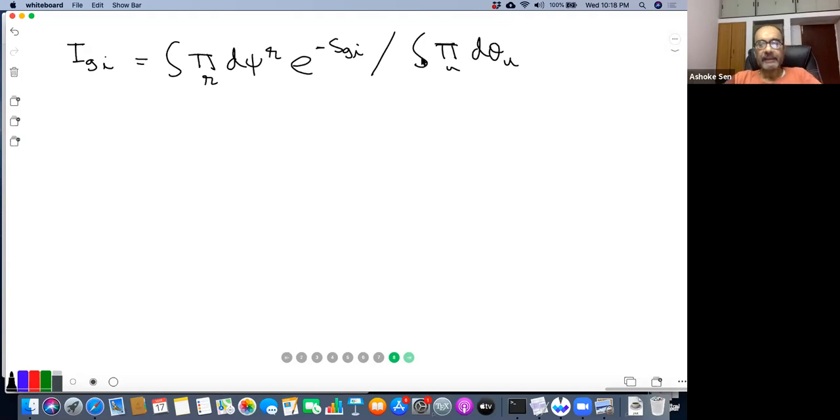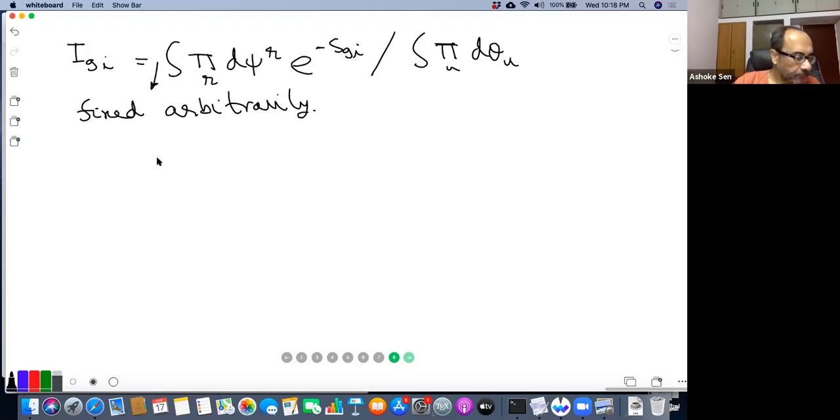That's the gauge invariant path integral that we have. This is the way we normally write down a gauge invariant path integral. The normalization here is completely arbitrary, fixed arbitrarily. At the end, it makes no difference if you multiply this by any arbitrary constant. It will hopefully become clear as we proceed.